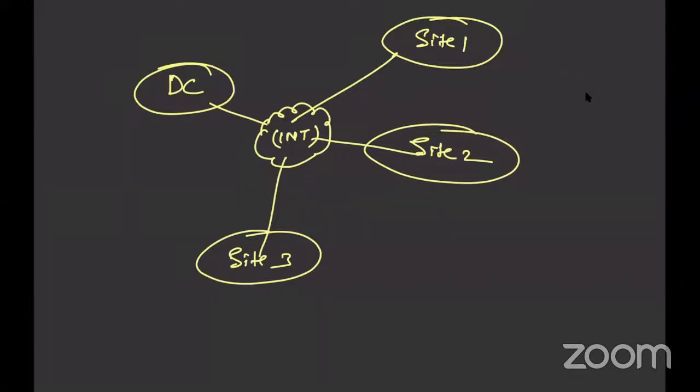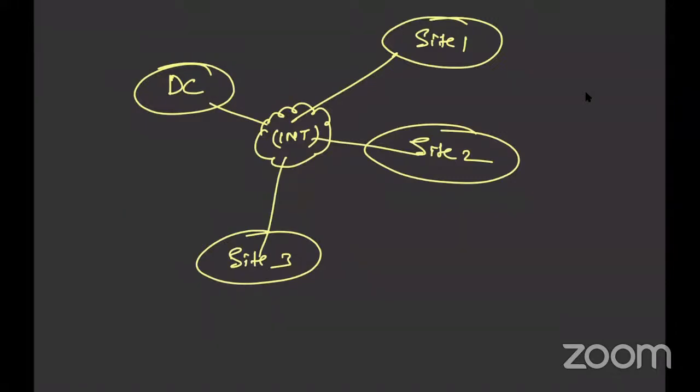I hope you know what private and public addresses are. Private addresses are in the ranges 10.0.0.0/8, 172.16.0.0/12, and 192.168.0.0/16. These are the private address ranges, which are only usable within the organization.